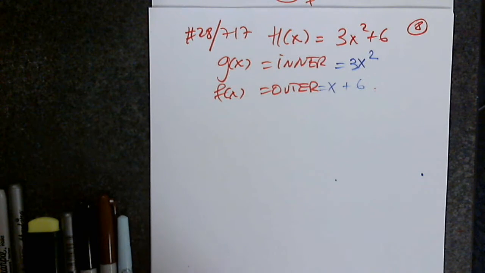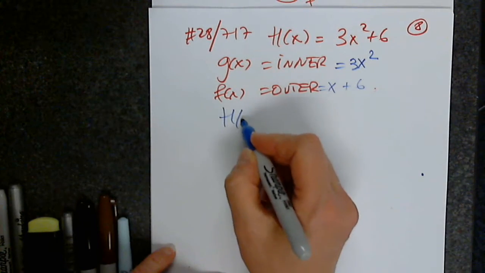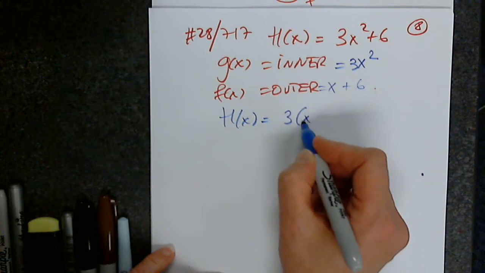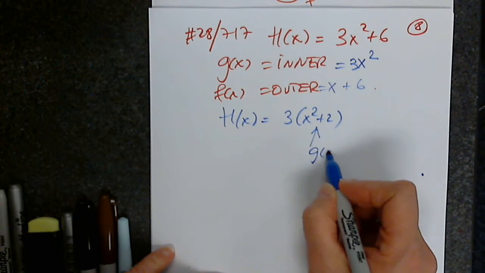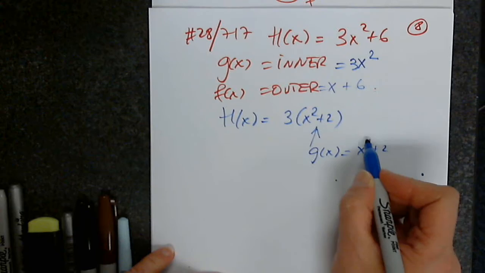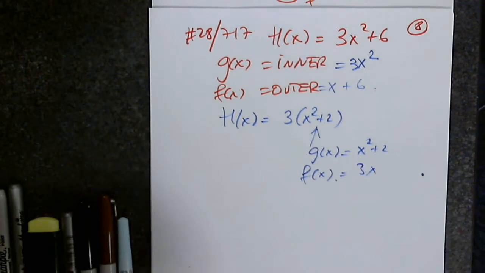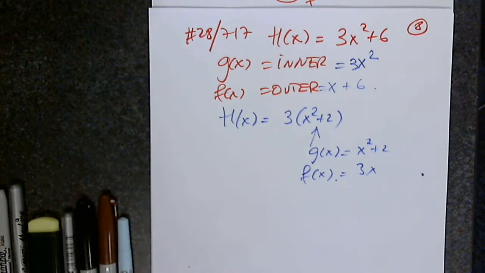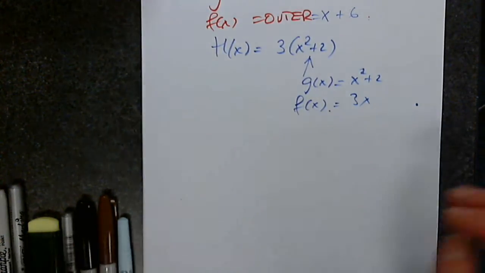You cannot do that unless you factor out a 3. So if you rewrite this, if that's what you meant, then I would have to agree. So if you write it like this, then this will be the inner function, which is x squared plus 2. Maybe that's what you said. Okay, that's fine. And then 3x. I agree. Perfect.